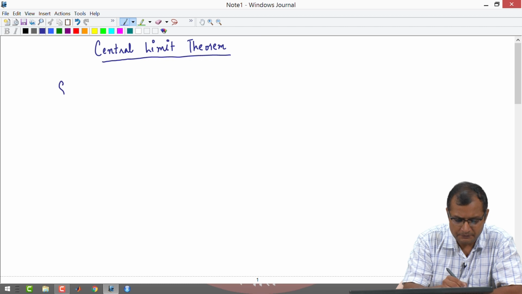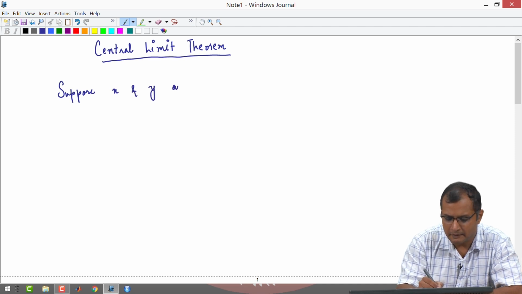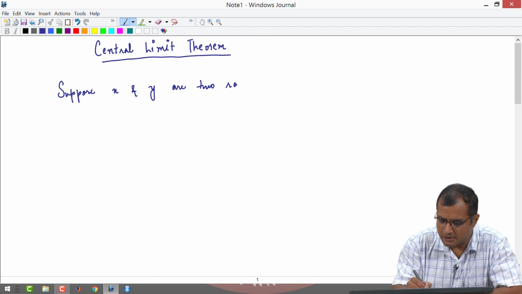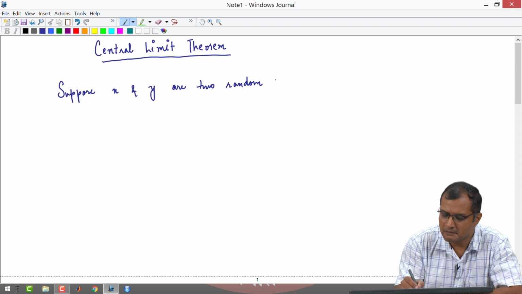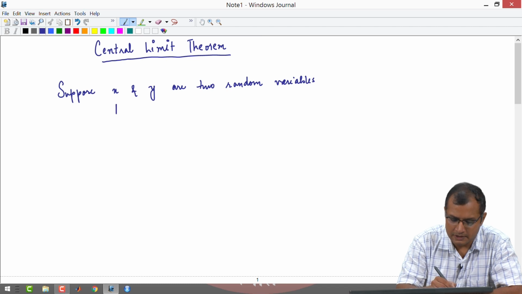suppose you take two random variables x and y. The distribution of x is p of x.